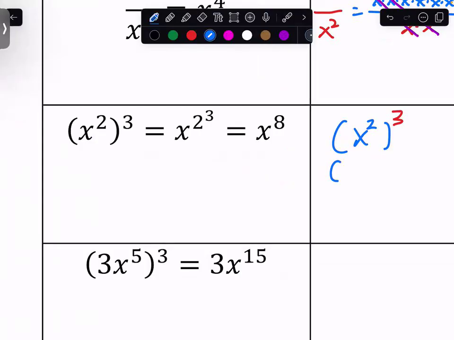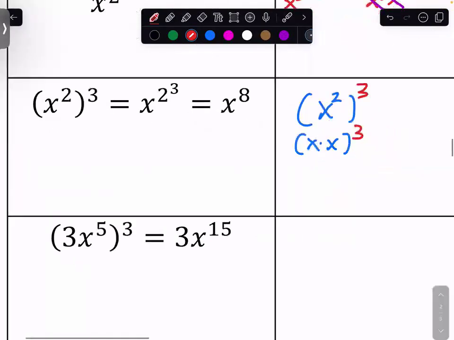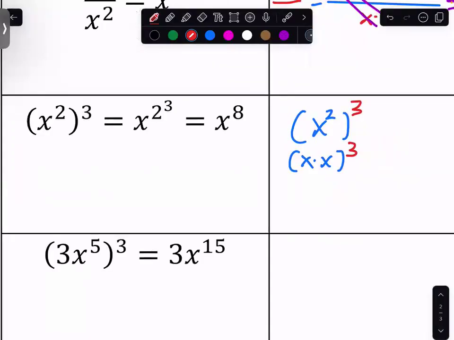Okay, so the first one, we can rewrite x squared as x times x. And because that whole thing is to the power of 3, we're going to write that parentheses 3 times.